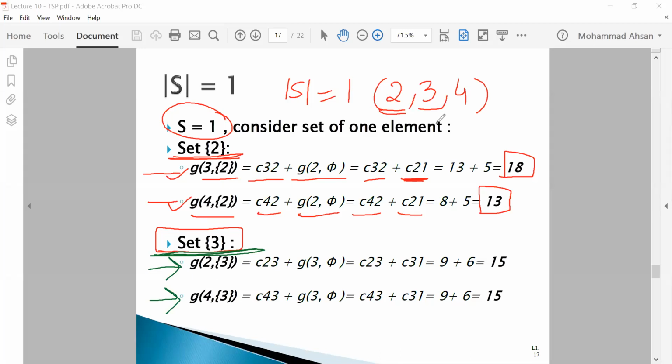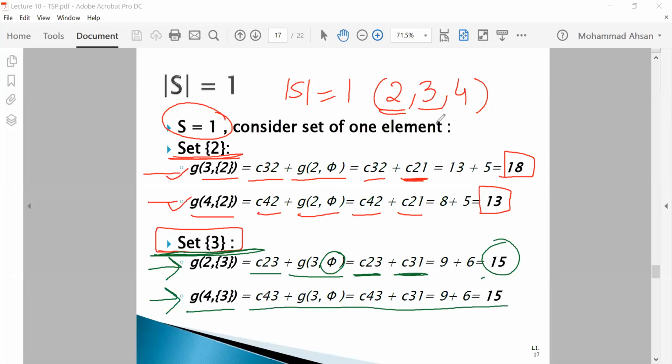Once you go from 2 to 3, you are left with the function g, which calculates the cost from going from 3 to the rest of the intermediate vertices, which is null, which means it is going from 3 to 1. So you add the cost of 2 to 3 and 3 to 1. So you get 15. Similarly, you could have been at 4, and then 3 could have been the intermediate vertex, and then this is your cost.